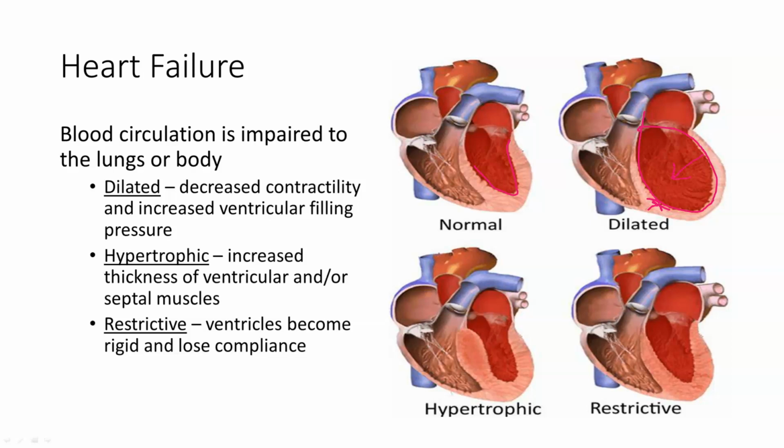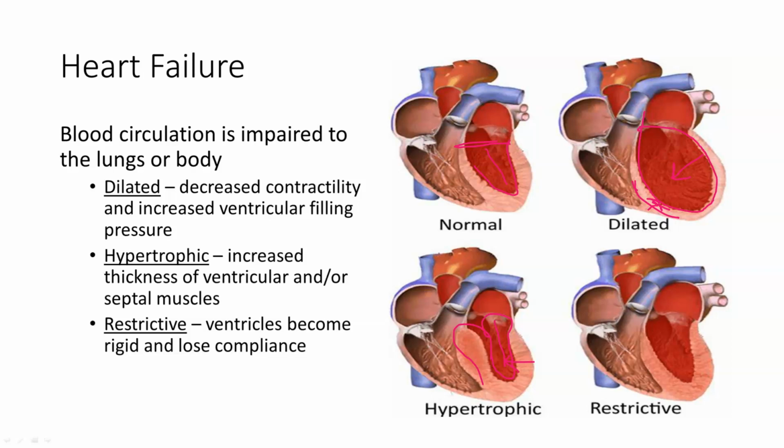You have a hypertrophic cardiomyopathy, so now instead of seeing this enlargement and thinning of the muscle, you have this enlargement of the muscle. So that's going to decrease the amount of space that you have to fill with blood. So look at this space compared to this space. I have less volume to pump out, and it's harder for the heart to contract because it's thicker.